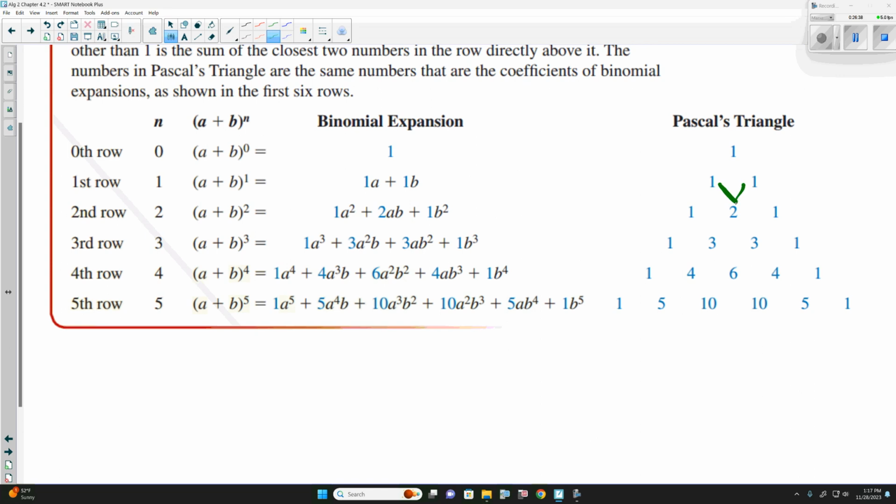What's interesting is if we add the 2 from the previous row, kind of making a diamond or an arrow, they add together. So our 1 and 1 give us 2. Here, 1 and 2 give us 3. 2 and 1 give us 3. We have 1. The next row, 1 and 3 give us 4. 3 and 3 give us 6. 3 and 1 give us 4. 1.